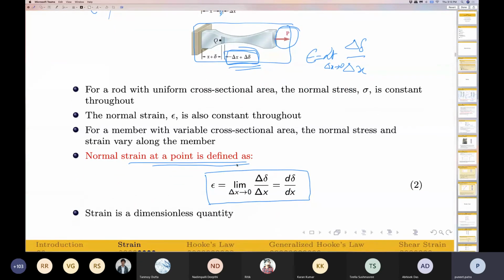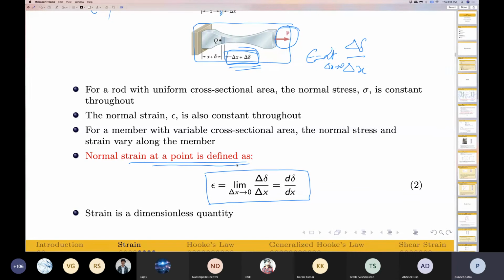Now, if you look into the, yeah, go ahead. Sir, what does strain at a point mean physically? So strain at a point implies that if you keep zooming in, see, we are dealing with a continuum. We are not dealing with an object which has gaps in between.